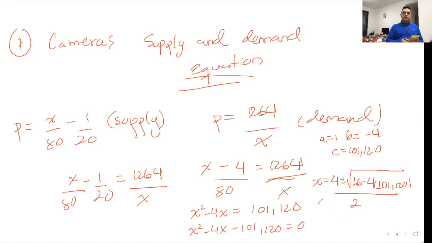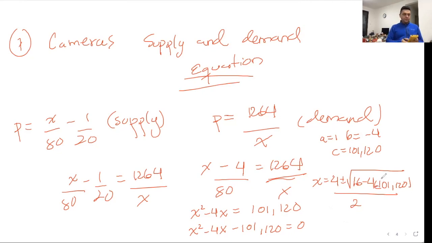Okay, so let's put this in the calculator. 16 minus 4 times 101,120. Oh, this is negative. My bad. I forgot there's a negative right here.